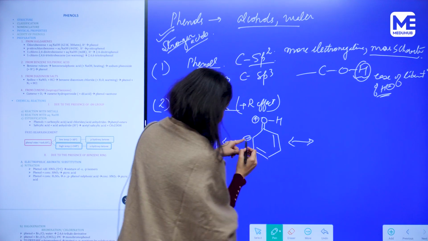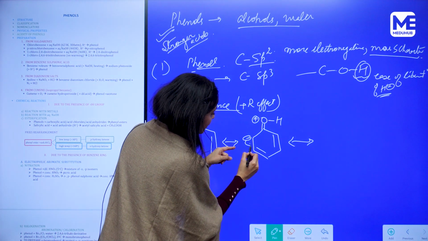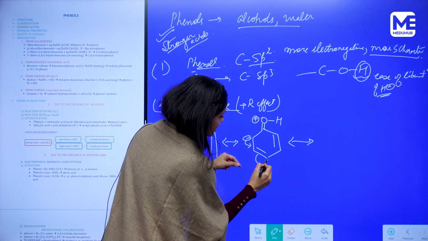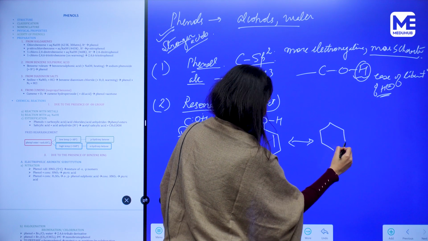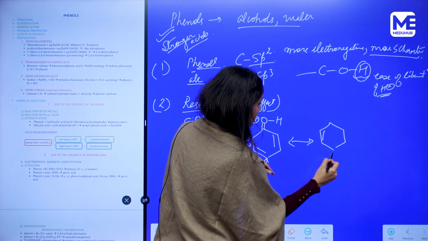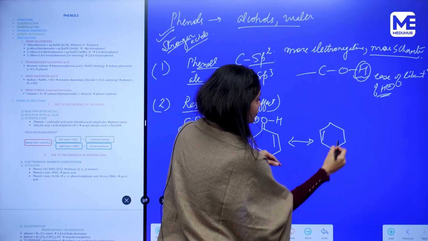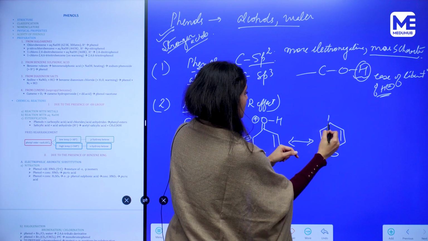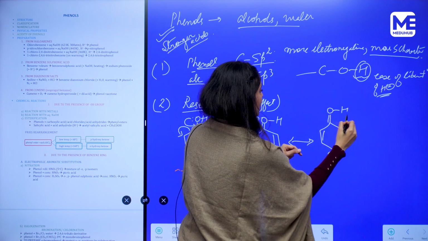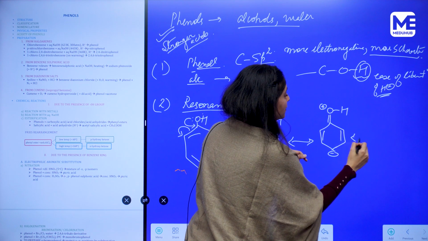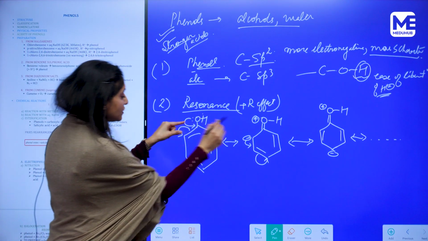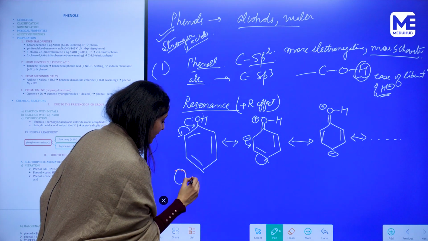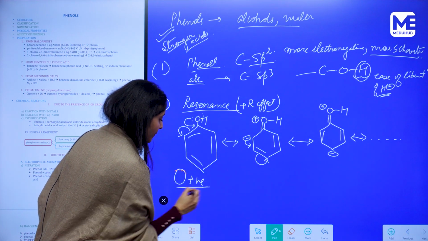In the next structure, this negative charge would move here to form a bond. These electrons meet here. We get a double bond here, a negative charge here. This stays as it is. And so on. Here, what do you see? The oxygen atom is acquiring a positive charge.